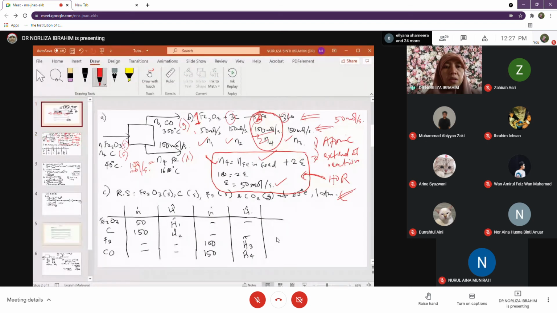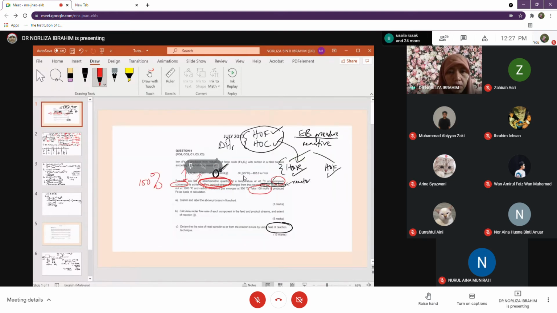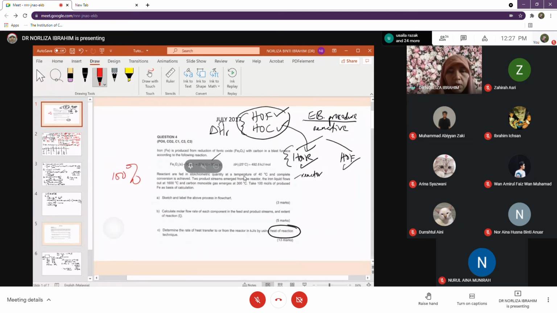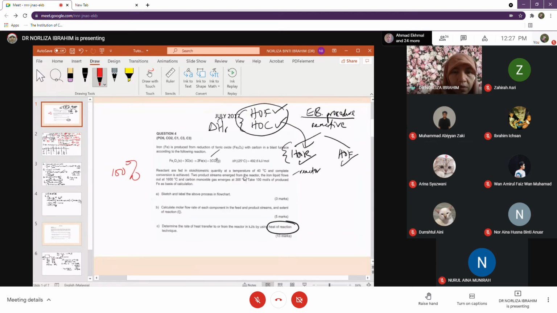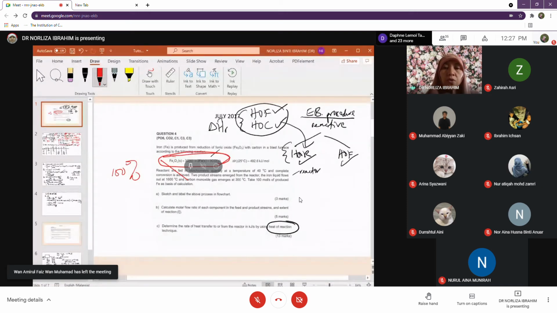Reactant and product of the reaction, I should use the reaction equation as my reference state. The reactant and products of the reaction, not the product of the reactor.